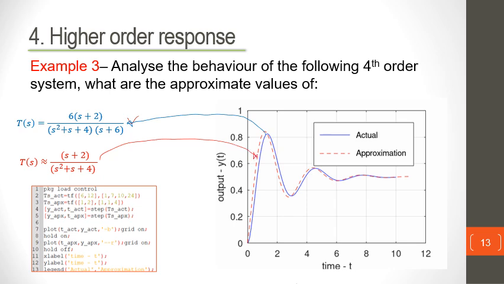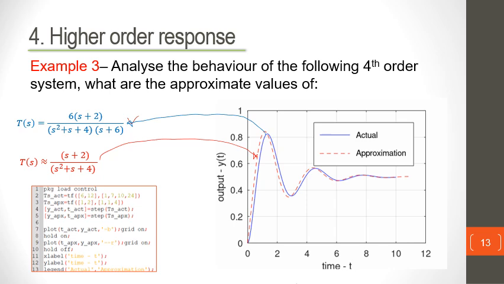So what you can see in Octave is that the two responses are very close to each other. Indeed, the approximation has a very close relationship with the actual transfer function, even though it's not exact.